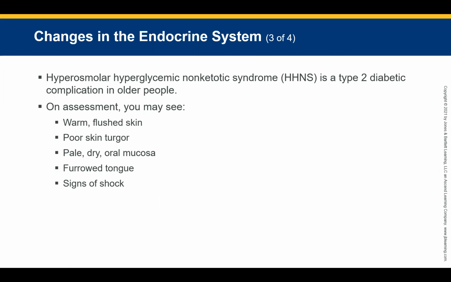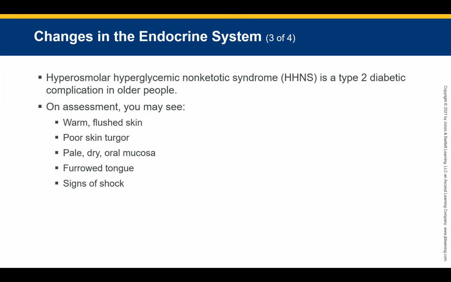On the assessment, you're going to see some changes, what you see right there on your screen. The patient may present with signs and symptoms of hypotension and shock, including tachycardia. The blood glucose level will be variable in DKA, whereas in HHNS, the value is typically 600 milligrams per deciliter or higher.